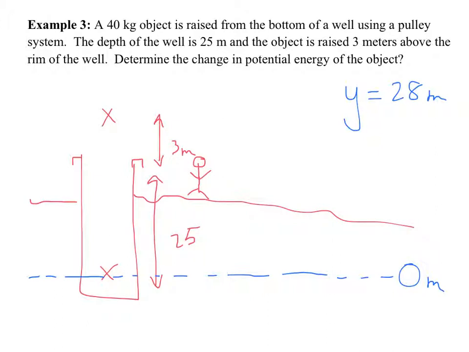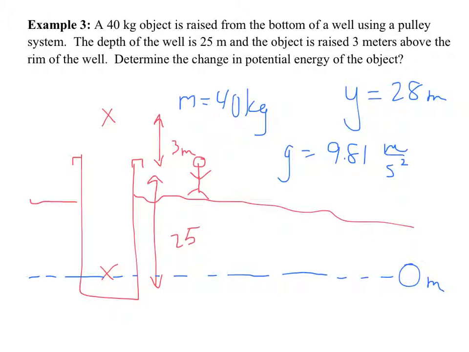The mass of the object is 40 kilograms. And I'm on Earth. So gravity is 9.81 meters per second squared. Notice again, I'm not using negative 9.81 here because I'm looking at energy and I'm looking at the change in energy as a function of the height. I'm not looking at the negative 9.81. It's not an acceleration that's downward.